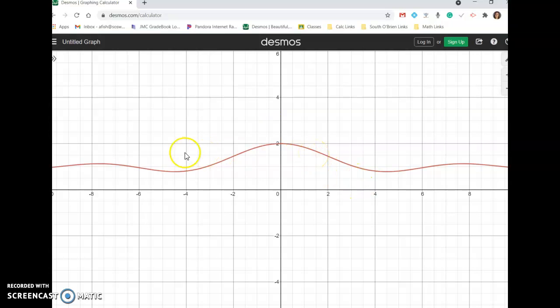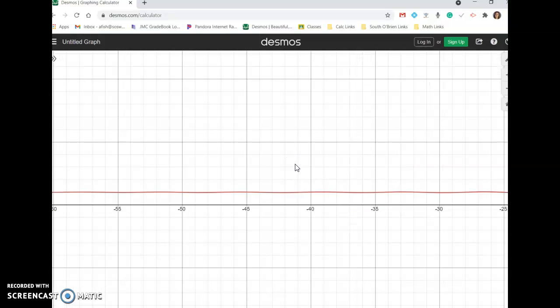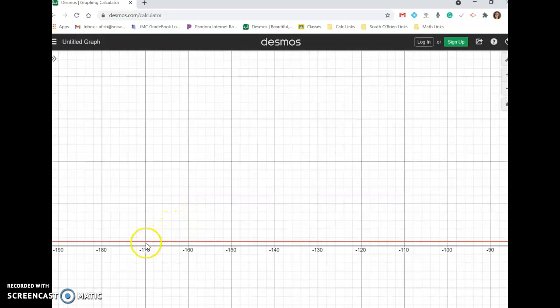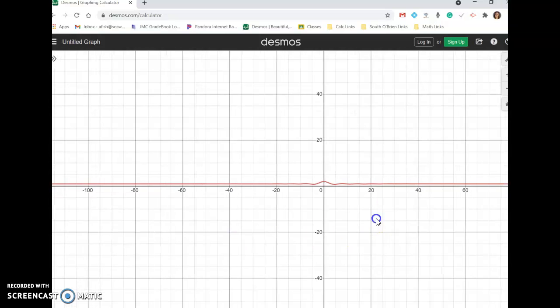As I'm approaching negative infinity, well, negative infinity is going in this direction. So if I were to keep scrolling out here, or if I wanted to zoom out and then scroll, okay, I'm at negative 170. I can see it's going to 1.006, and if I keep going, boy, that looks like it's going to 1, and it is. So now we need to do the other direction.